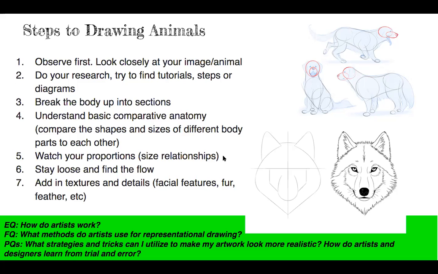The head is the smallest circle out of the three, the circle at the back is the second smallest, and the circle at the front where the chest is is the biggest. There are also circles for the paws. So you want to compare the size relationships of different parts of the body to make sure you get the proportions accurate.